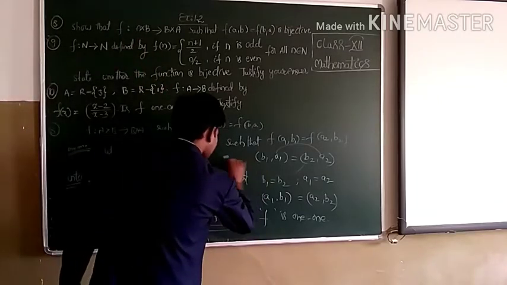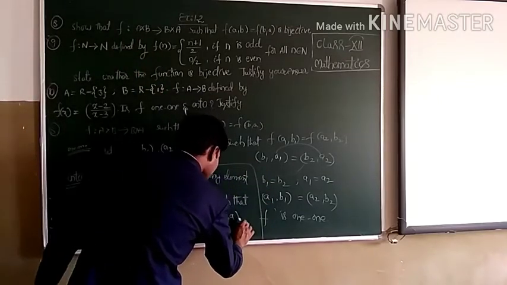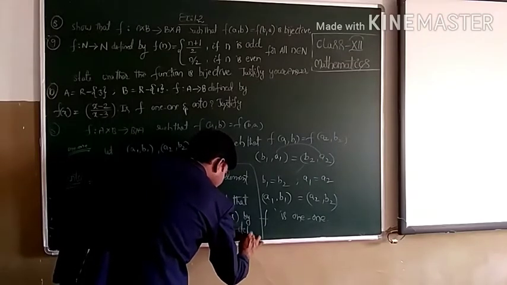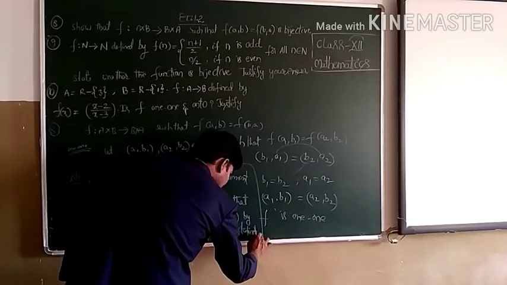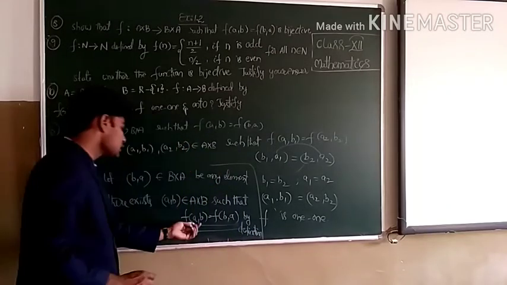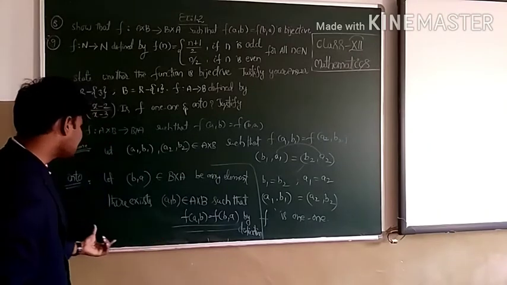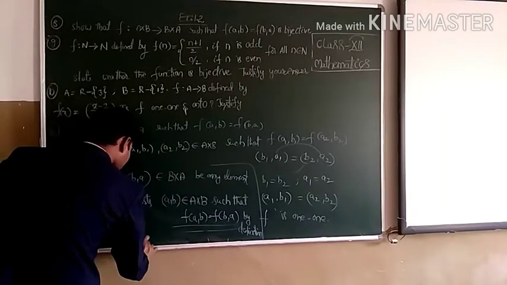So by definition we can write this, and then we say that f is an onto function.